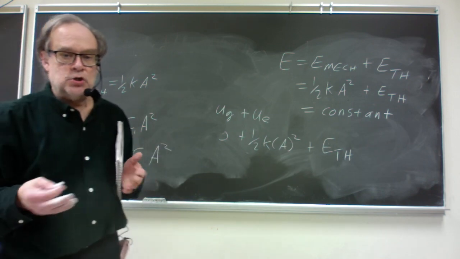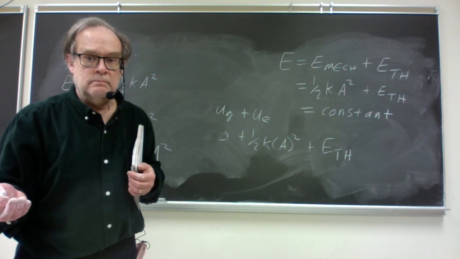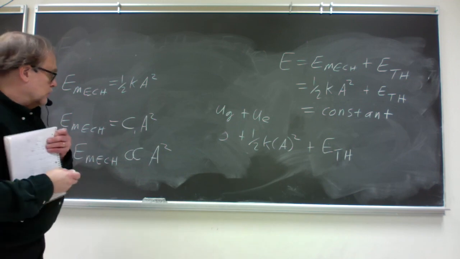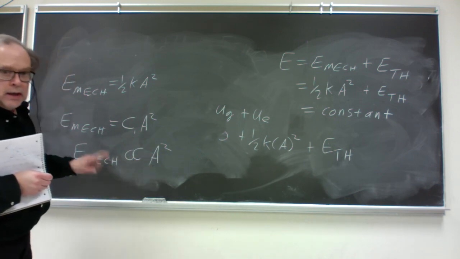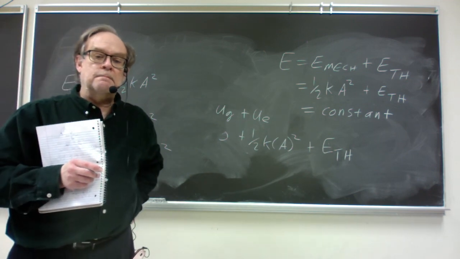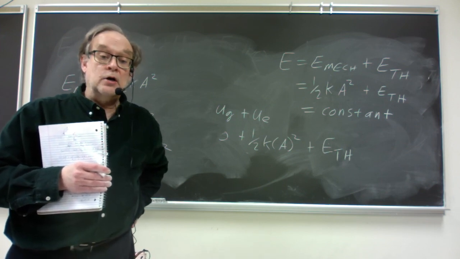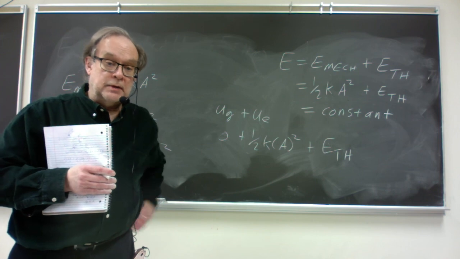However A squared changes, mechanical energy changes the same way. And this relationship between amplitude and mechanical energy turns out to be a very important relationship. We'll be thinking about that a great deal in the upcoming classes.